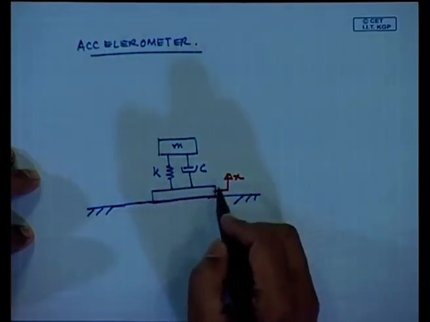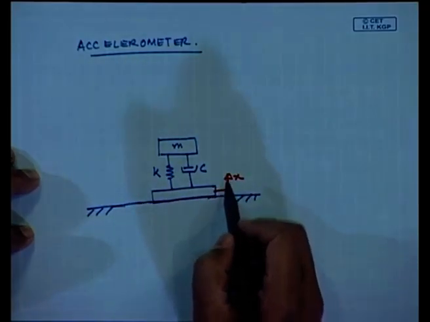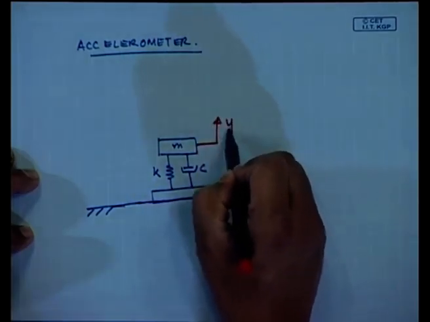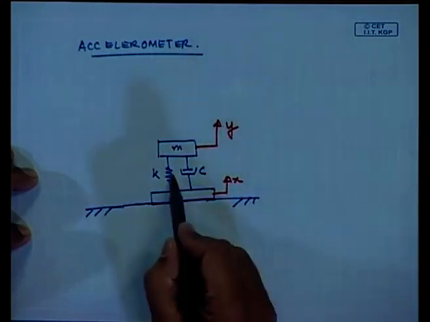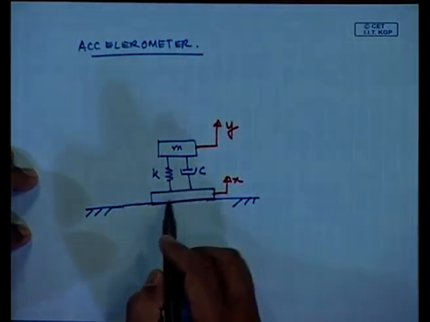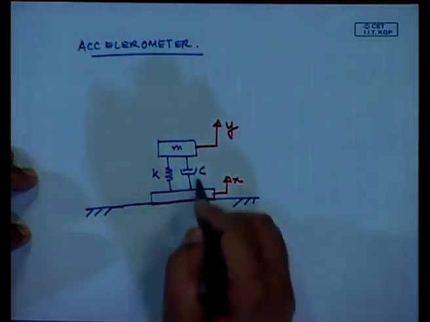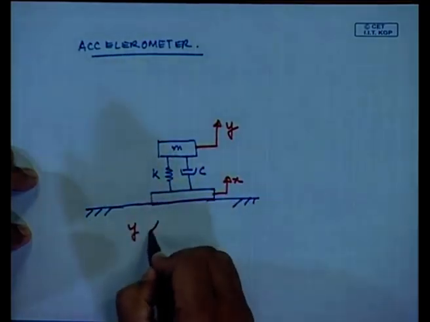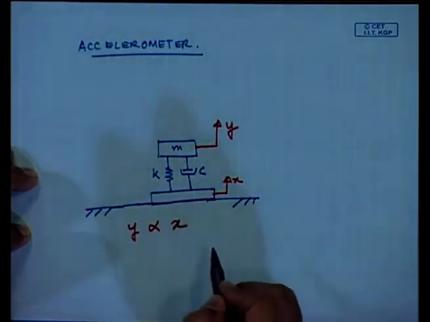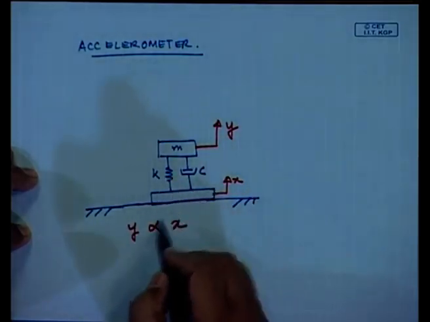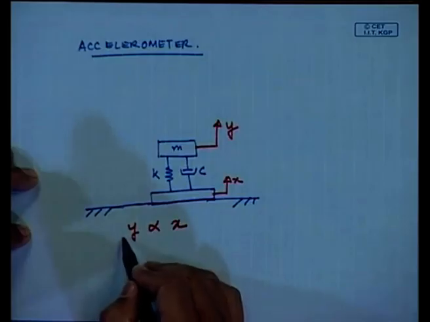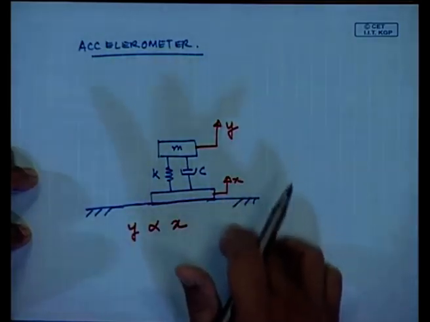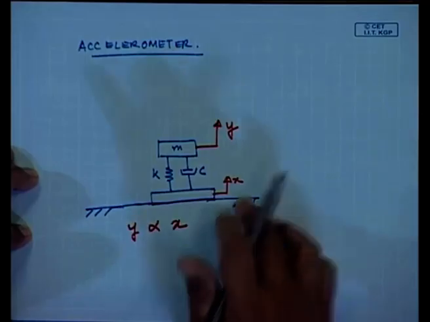Now, because of this motion x, this mass is going to have a motion y, dependent on the k and c. So, somehow if I can have this motion y related to x with certain functions of k and c, indirectly if I measure y, I can know what the x is, and this x is actually the vibration displacement here.